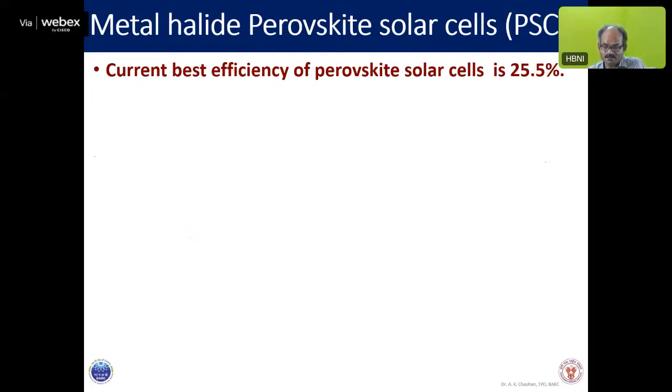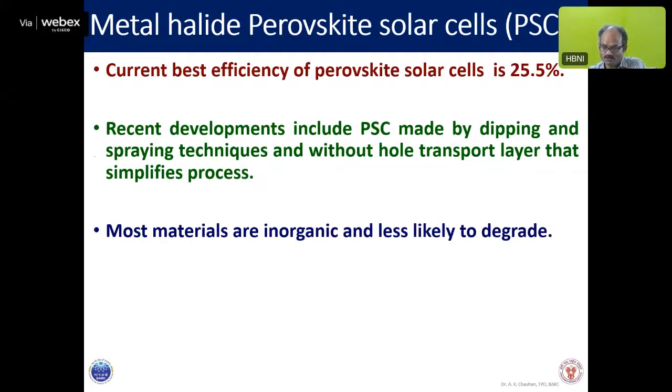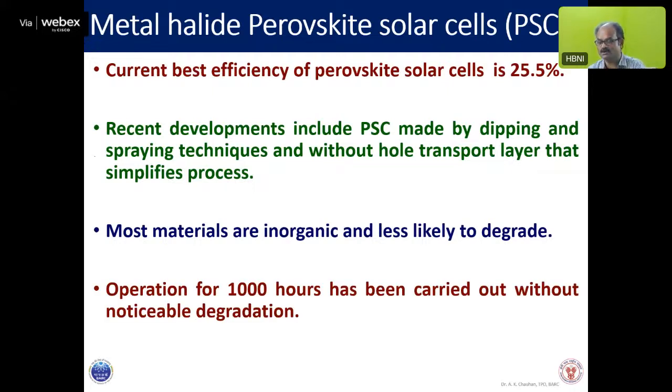The current best efficiency of perovskite solar cells is 25.5%, slightly more than that. Recent developments include PSCs made by dipping and spraying techniques and without hole transporting layers, which simplifies the process. Most materials are inorganic and less likely to degrade, though it is not purely inorganic; it is also called a hybrid solar cell.